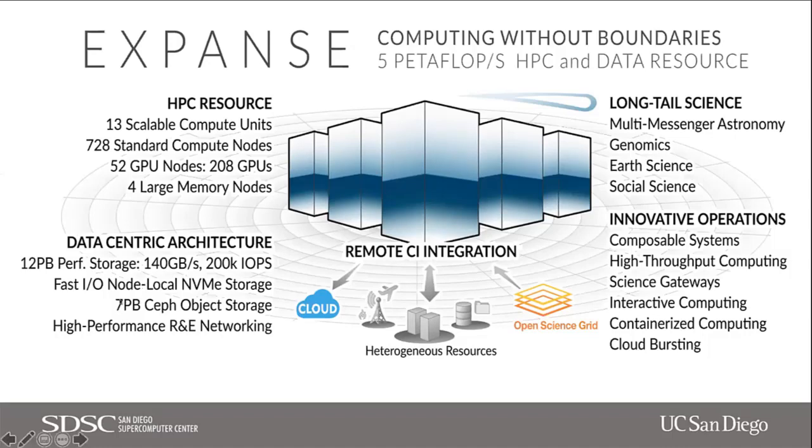And then as we've had on a lot of the SDSC systems, we have node local NVMe storage for fast IO local storage. We are going to have a 7 petabyte Ceph-based object store. This is not going to be available right at the beginning because we are essentially going to restructure some existing storage. So that's going to show up sometime next year, but that will be an additional storage option that will be available on Expanse.